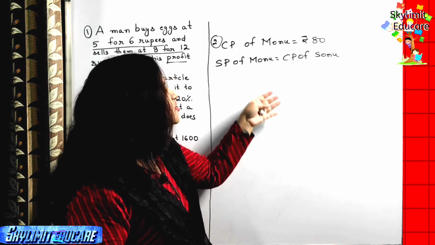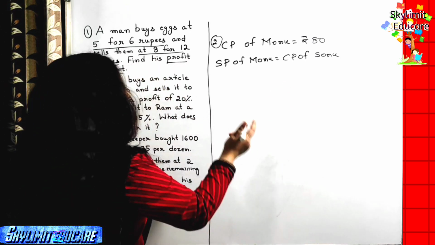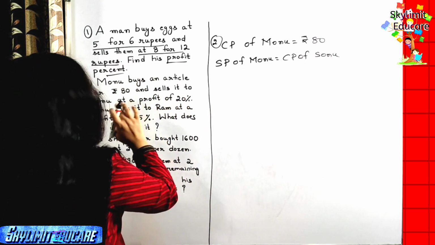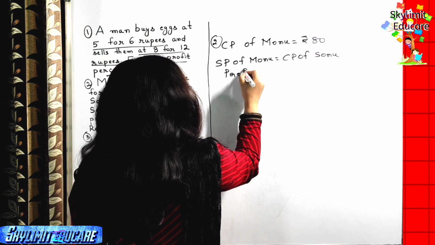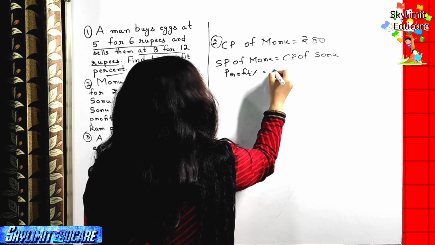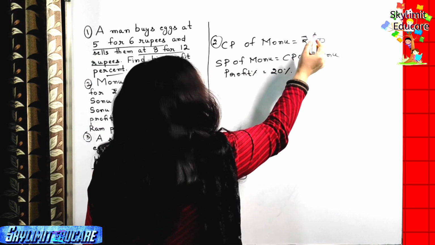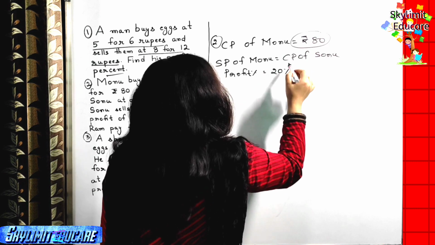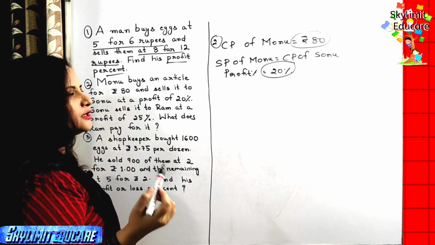That means the selling price of Monu, whatever it is, is the cost price of Sonu, obviously. And Monu sold the article at a profit of 20%. So profit percent is 20%, right? So now we know the CP of Monu, and we know at what percentage profit Monu sold the article to Sonu.